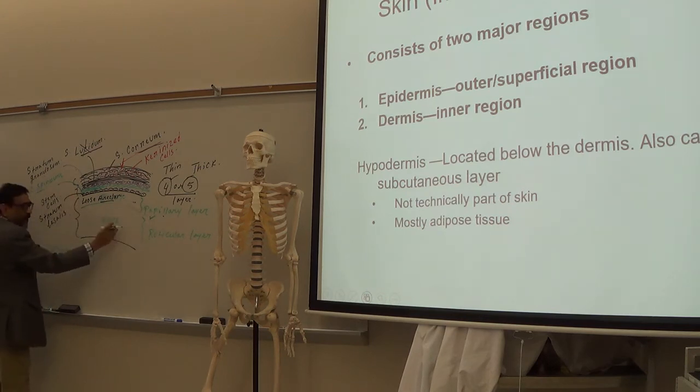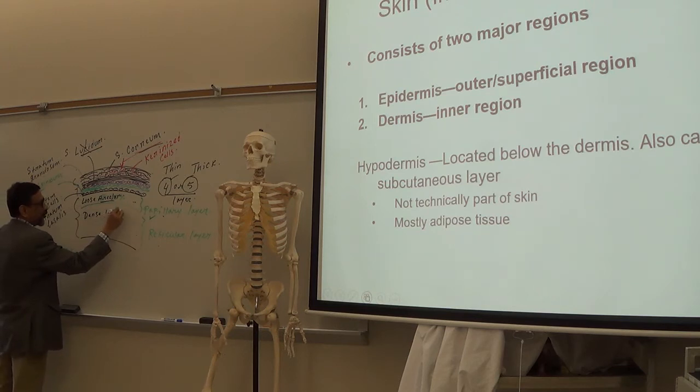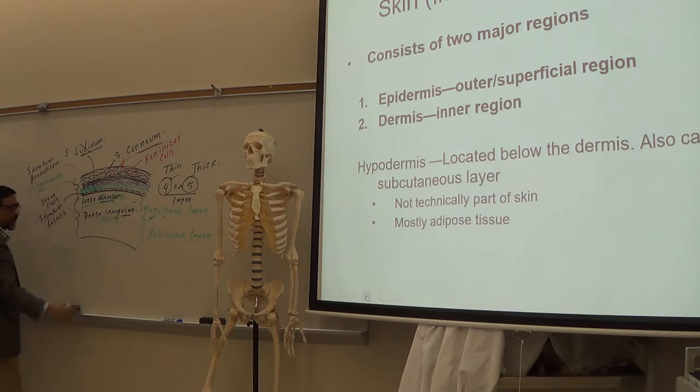Inner reticular layer is formed by dense irregular. You also remember this one, right? Dense regular, dense irregular. So this part is dense irregular. So outer part is loose areolar, inner part is what? Dense irregular.